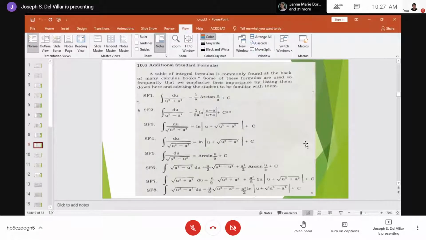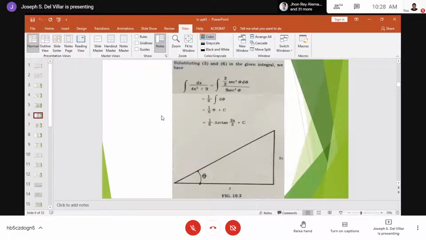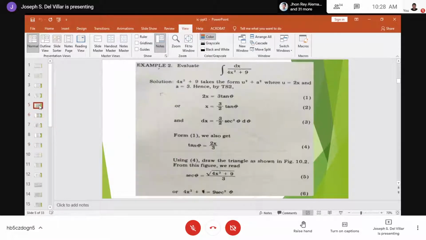Okay, so let's apply that. 1 over a, ano yung a natin? 3, di ba? Kasi 9 siya eh. Ito siya oh. So (2x) squared plus 3 squared.